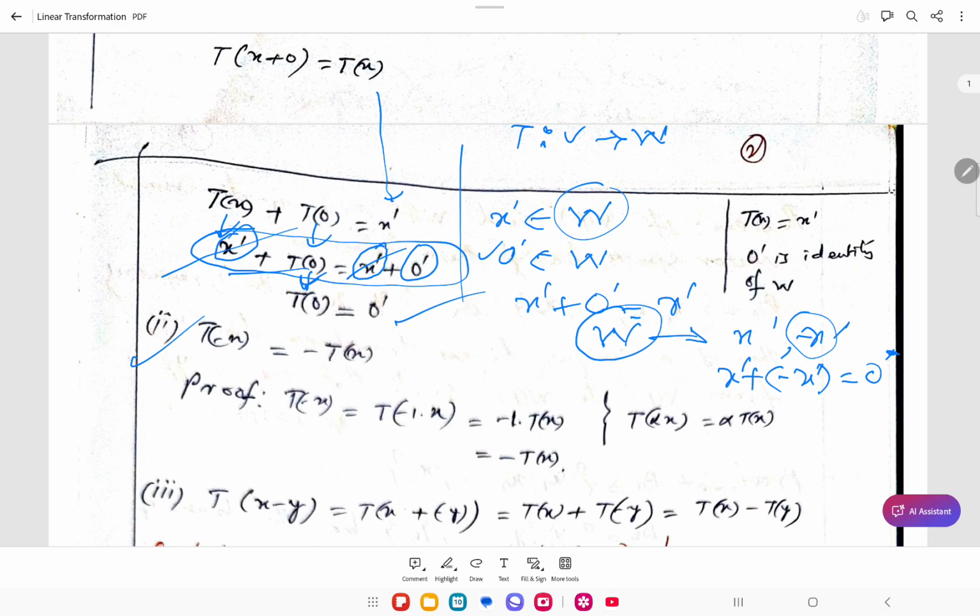Now let us take the second property. We have to prove this. We start with the left hand side, T of minus x.